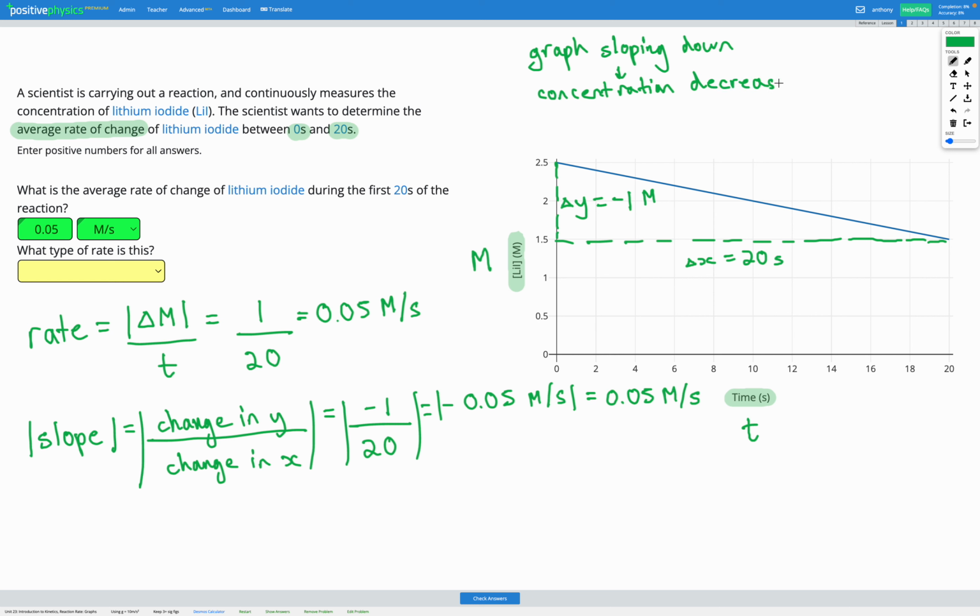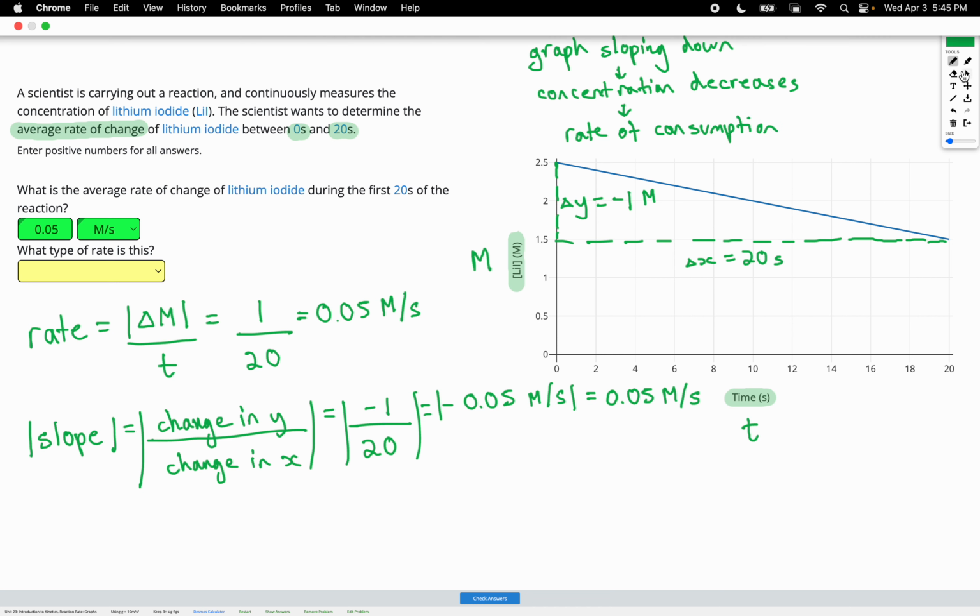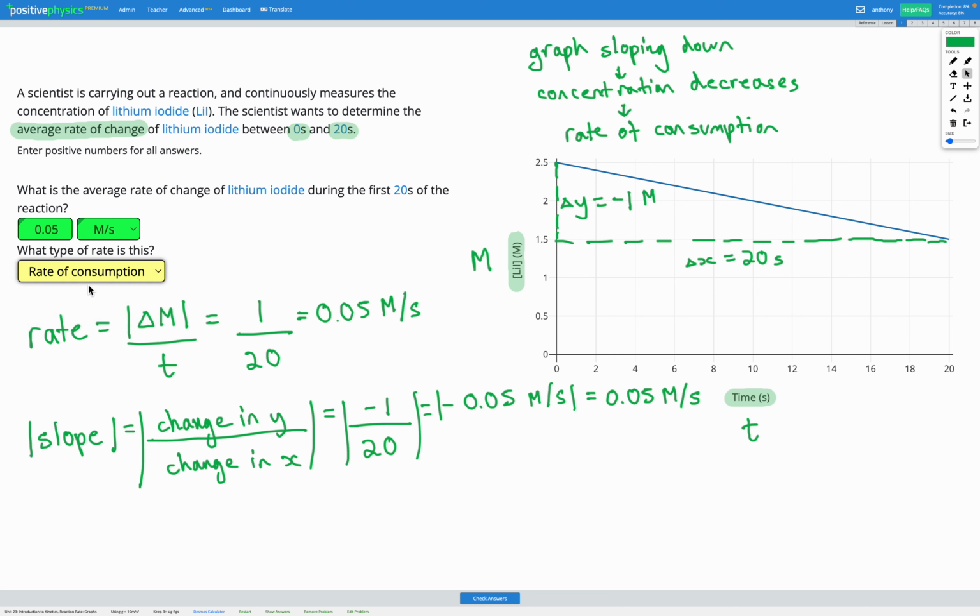And a decrease means my thing has been consumed or used up. So that's telling me it's a rate of consumption. So this one's going to be a rate of consumption. If the line was sloping upwards, that would be a rate of formation because we're making something or the concentration is increasing.